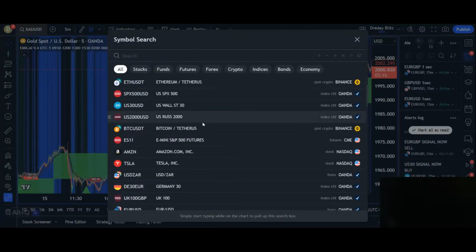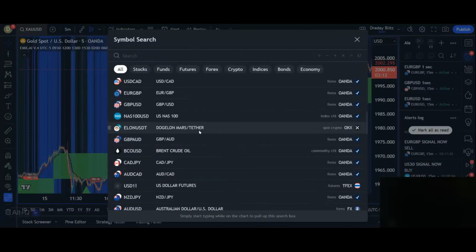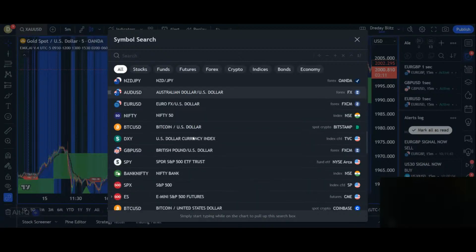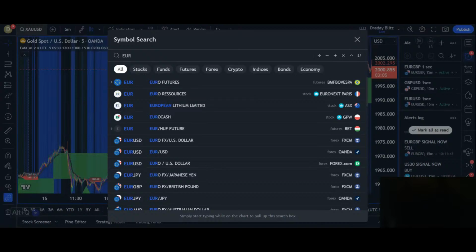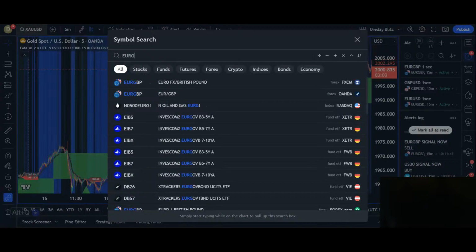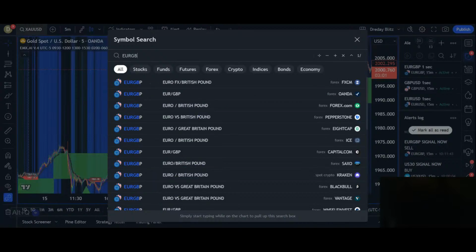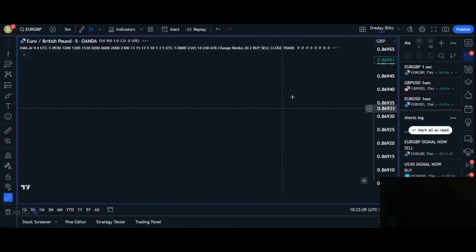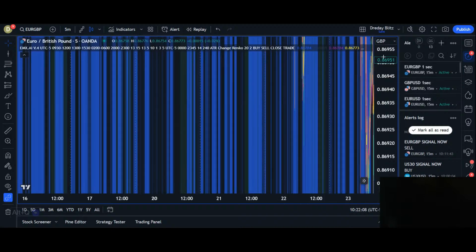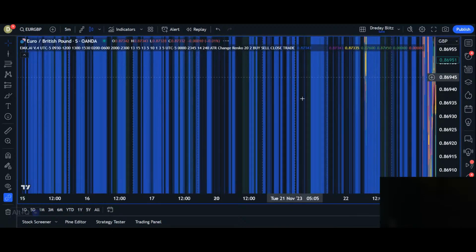Euro GBP, OANDA. So forex pairs, always use the OANDA feed. Best feed for forex pairs.